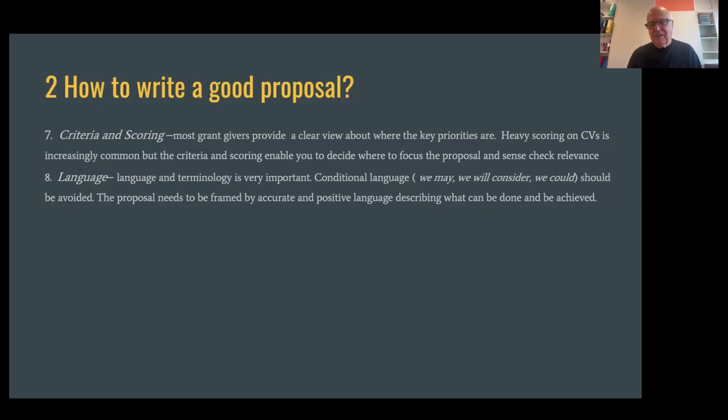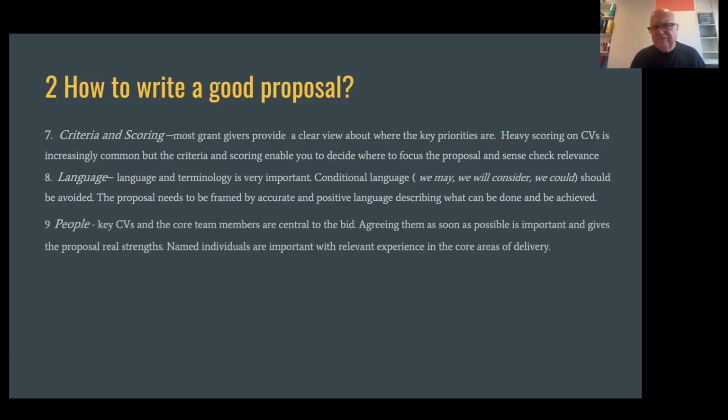You quite often see a lot of grant applications and a lot of invitations to tender responses using conditional language like we may, we will consider, we could. That's of no help to the clients, and you should avoid it. You are either going to do this or you're not. There are some very limited occasions where conditional language might be helpful, but in the main, they want to know what you are proposing to do.